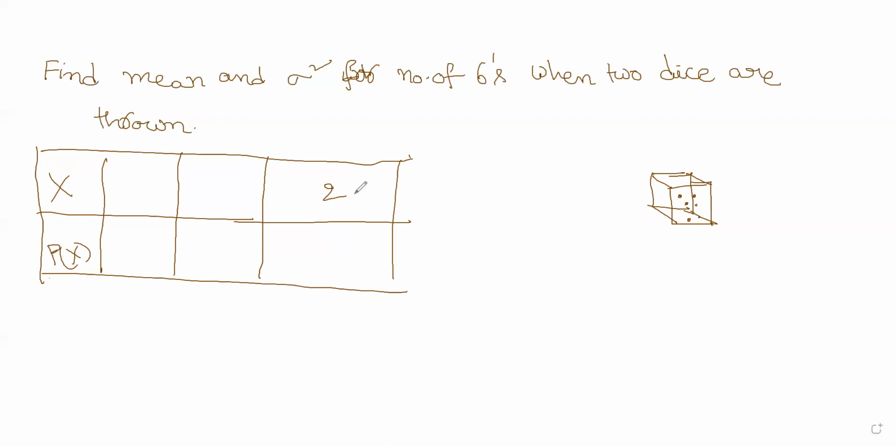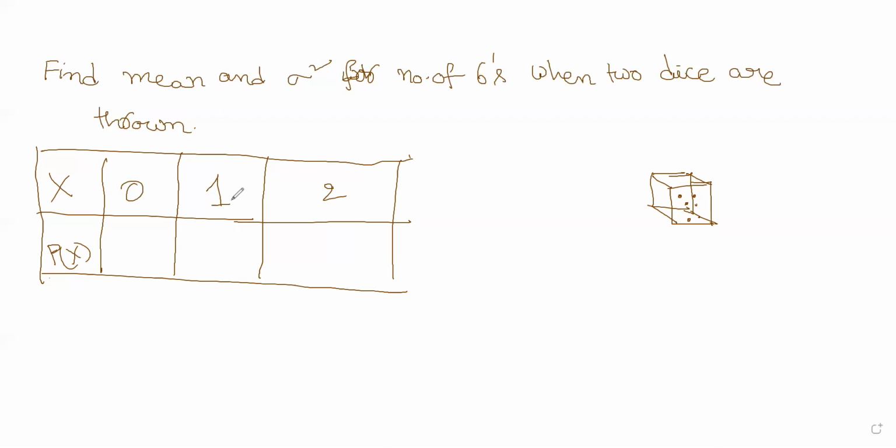1 six can come, and on the other dice a six may not come also, right? If it cannot come, that is 0. 1 six can come is 1. At most 2 sixes. Did you get the answers?